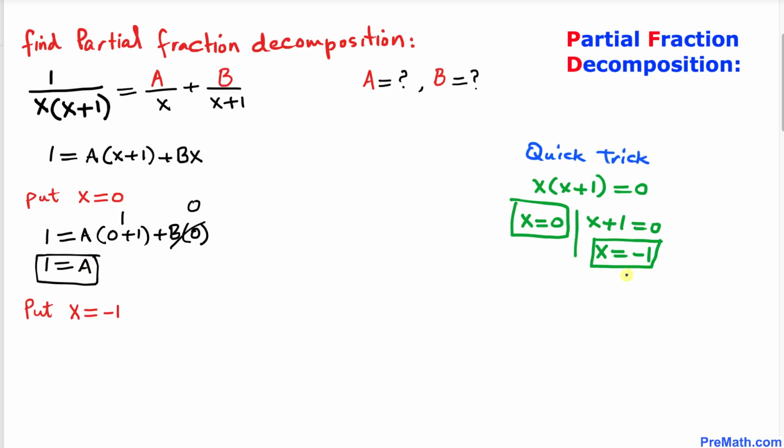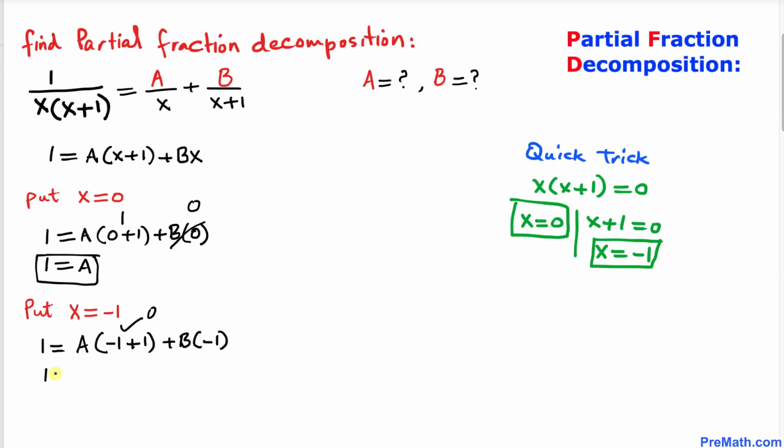Now we are going to pick the other value, x equal to -1, and plug it in this equation. So we got 1 equal to a times, let's replace this x by -1, plus 1, plus b times -1. And now we can see that this thing turns out to be 0, and 0 times a is 0.